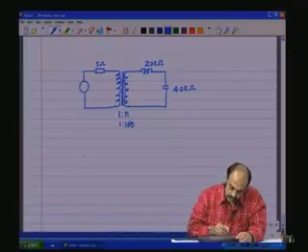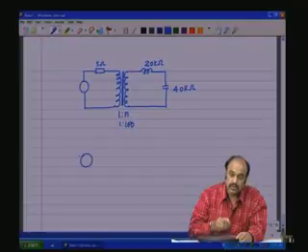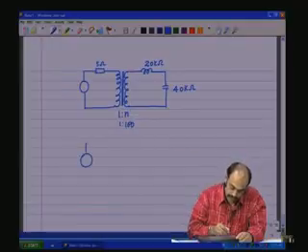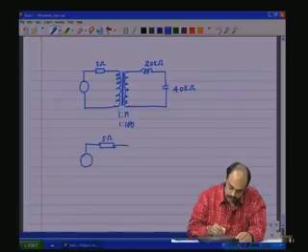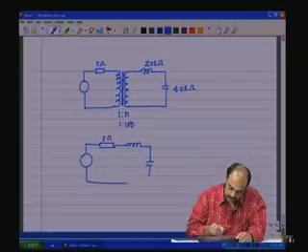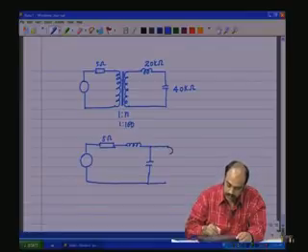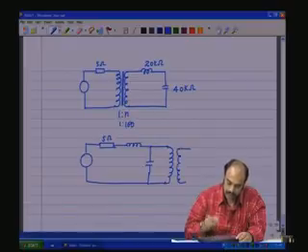Then I can equivalently represent it as looked from the primary side as a resistance of 5 ohms, an inductance and a capacitance, and a transformer which is like that.